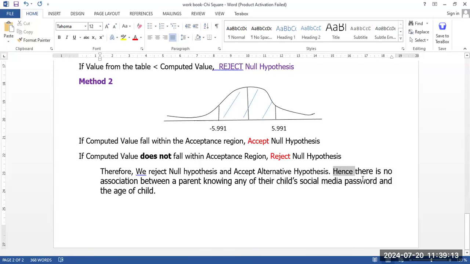The conclusion you put here must be the conclusion relating to what you accept. Are you accepting the null or the alternative? Here we are accepting the alternative, so we conclude with the alternative statement. And that's all with this question. It had 12 marks. Any question?